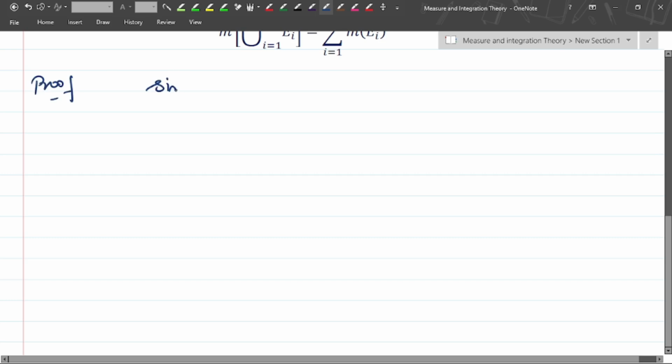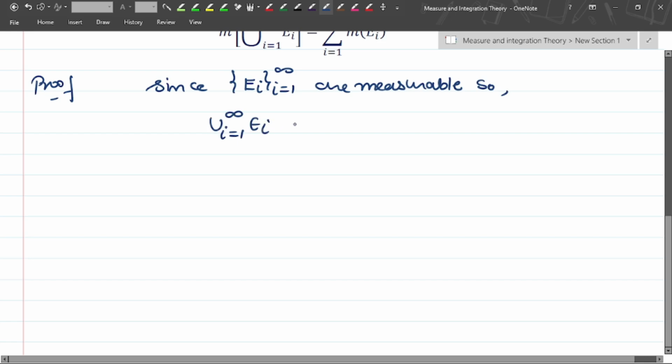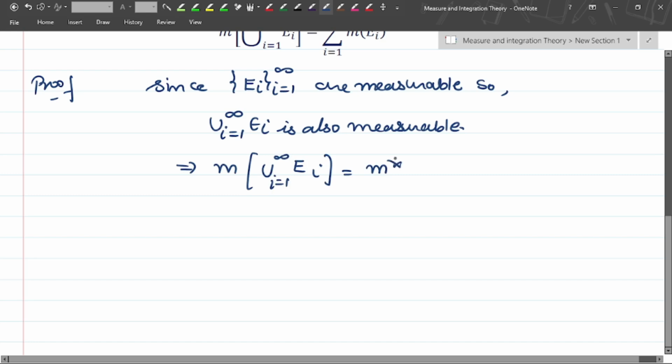Since the sets Ei, i from 1 to infinity, are measurable, the union of all measurable sets is also measurable. It means the measure of the union of Ei is equal to the outer measure, because the measure is basically the outer measure.